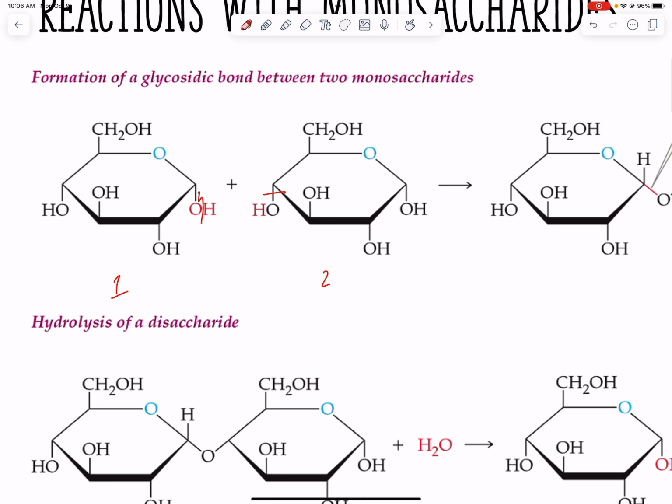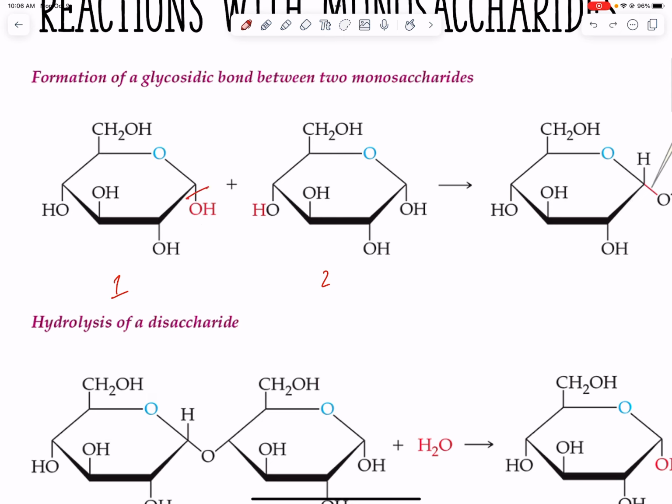It doesn't matter which monosaccharide, 1 or 2, loses an OH and which one loses an H. It's just that collectively you lose HOH, water. And when that happens, we link the two monosaccharides together into a disaccharide, okay? And these are held together by a glycosidic bond.